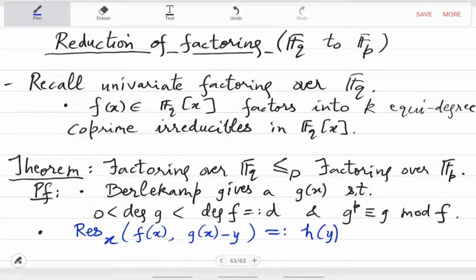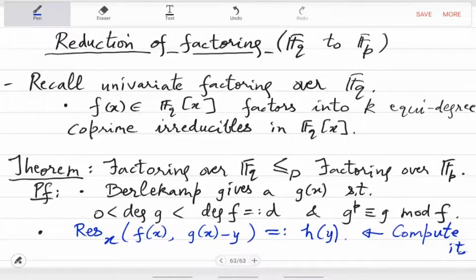So you compute this. Whatever you have learnt about resultants, using that you can compute it in deterministic polynomial time.